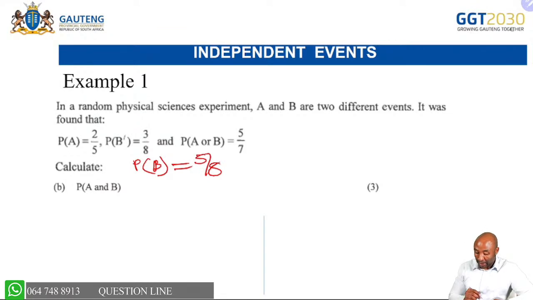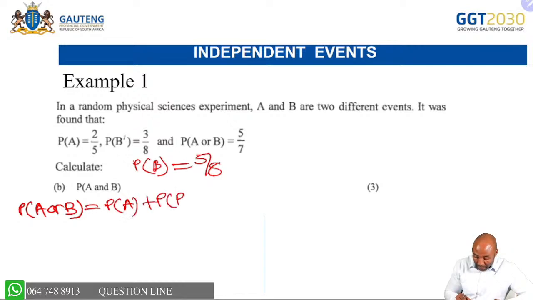We should remember that our identity is always given by the probability of A or B is equal to the probability of A plus the probability of B minus the probability of A and B. This is the equation that we are going to use to help us get the value of the probability of A and B. I will then substitute.